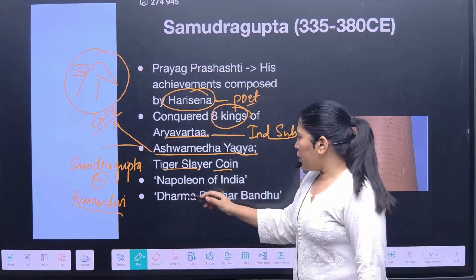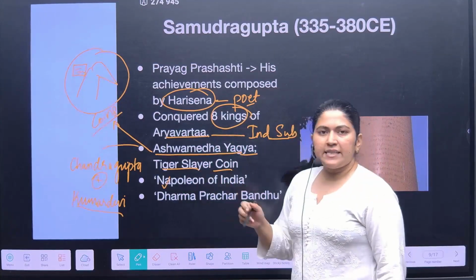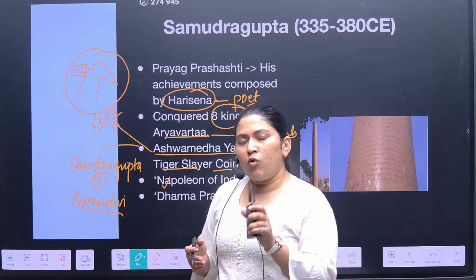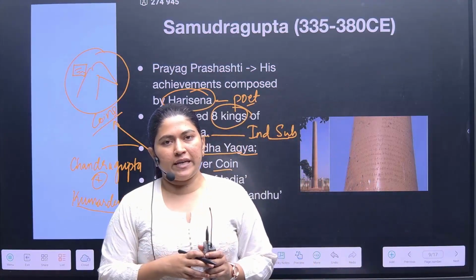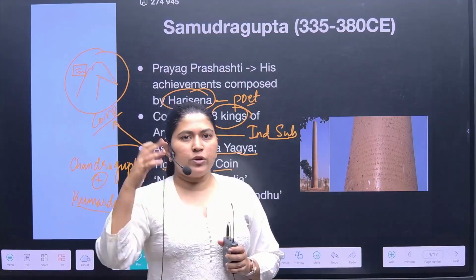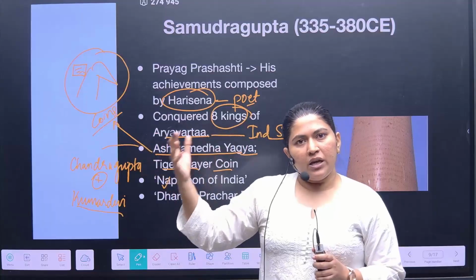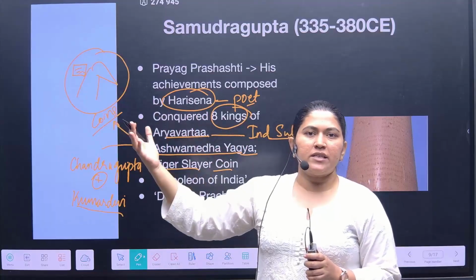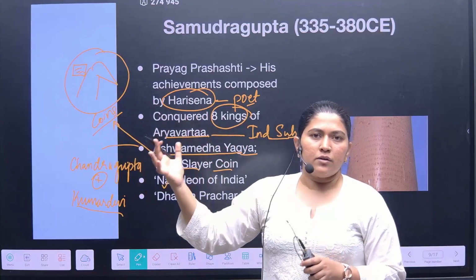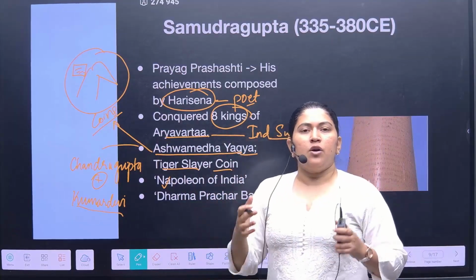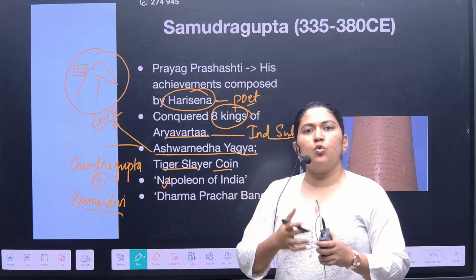Okay, so Samudragupta, as he followed the expansionary policy, that is why he was known as the Napoleon of India. Now who was Napoleon? The original Napoleon was someone different. That Western Napoleon also had the aim to expand his territory throughout the world.